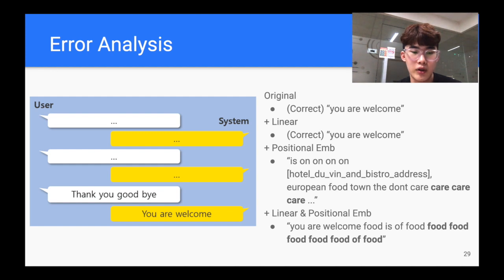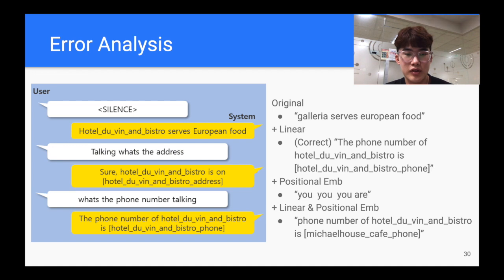In the case of the model that only had the position encoding modification, the model failed to give any answer for up to 30% of the questions. In this example, the system recommends a restaurant and the user asks relevant questions. The user asks for the phone number, so the correct answer should call the knowledge containing the phone number of the same restaurant.